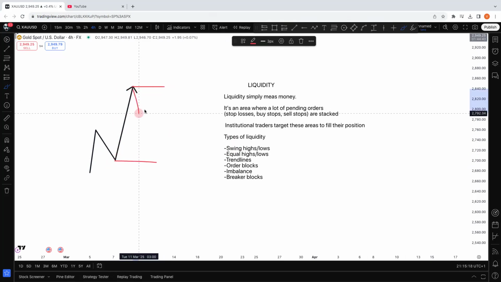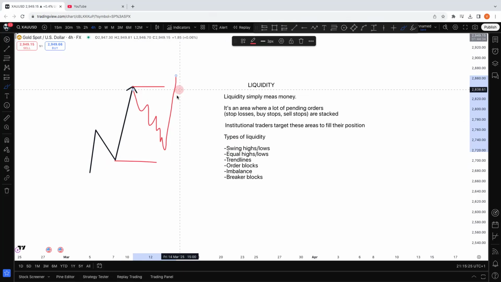Now, you're also going to see moves like this, a retracement before price eventually moves up to create another higher high to continue the trend. This move from here to this zone is the external liquidity, while this retracement within this higher high and this higher low, within our swing structure, is the internal liquidity. The internal liquidity and the external liquidity of the swing are what we refer to as the swing liquidity.